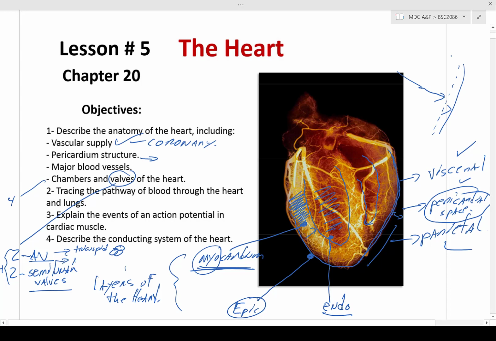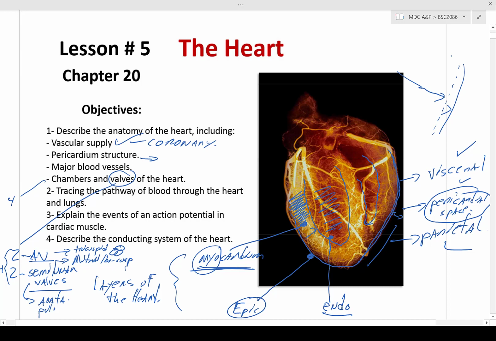Now, there's another valve which is called the mitral, or the other name for it is bicuspid. That means that instead of 3, it has 2 cusps. Now, for the semilunar valves, we name them based on where they are found, and that is on the aorta, and what else?